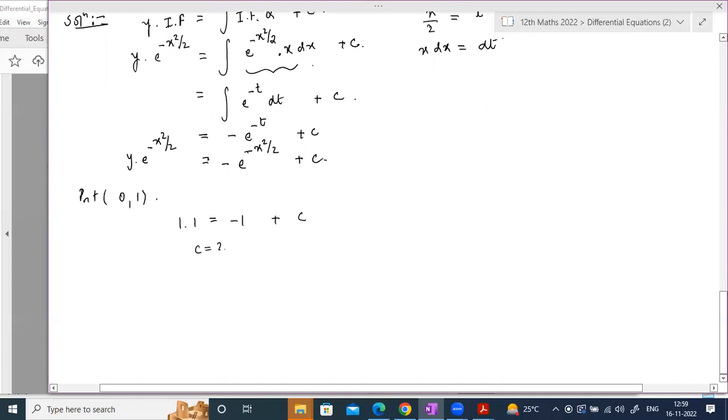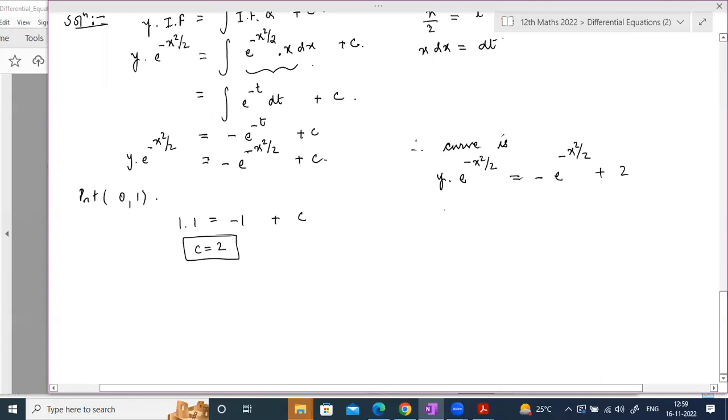So c is coming out to be 2. Therefore, the curve is y into e to the power minus x square over 2 is equal to minus e to the power minus x square over 2 plus 2.